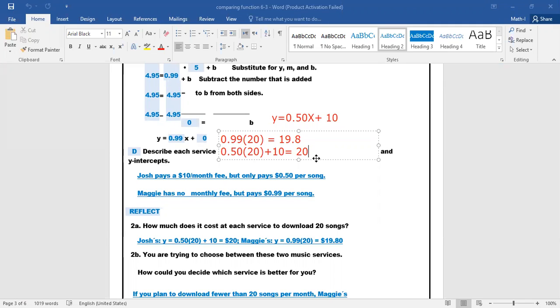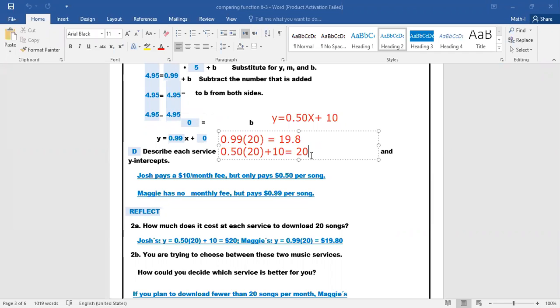If you want to download 20 songs, Maggie's plan will be 19.8, and Josh's plan $20. If you plan to download fewer than 20 songs per month, then Maggie's offer is better because it's cheaper.